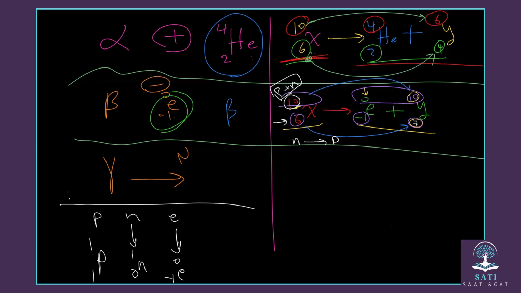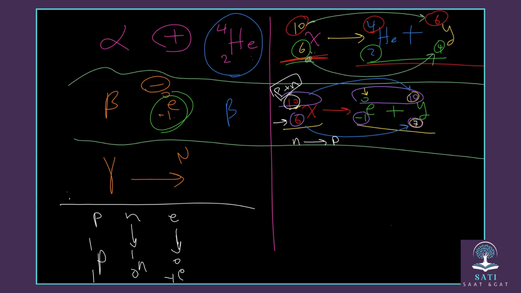Now when one neutron is changed into a proton, what will happen to the atomic mass? The total number of protons and neutrons will not change. They remain 10, because one of the neutrons just changed to be a proton. So the sum is still the same, which is 10.